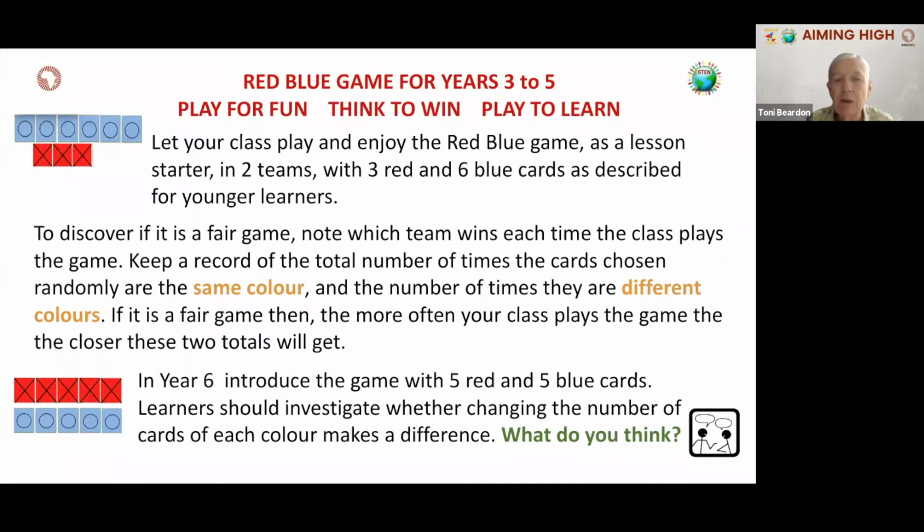And keep it in mind that we could be treating this as an experiment that we repeat more and more as time goes on, and we see whether these two numbers of times that the same colours come up, the number of times that different colours come up, whether they seem to be the same, or whether equal.